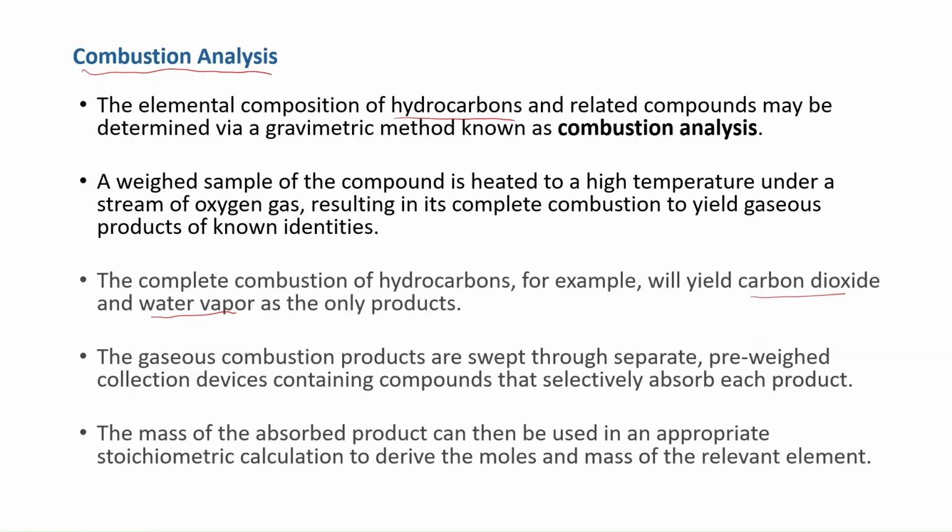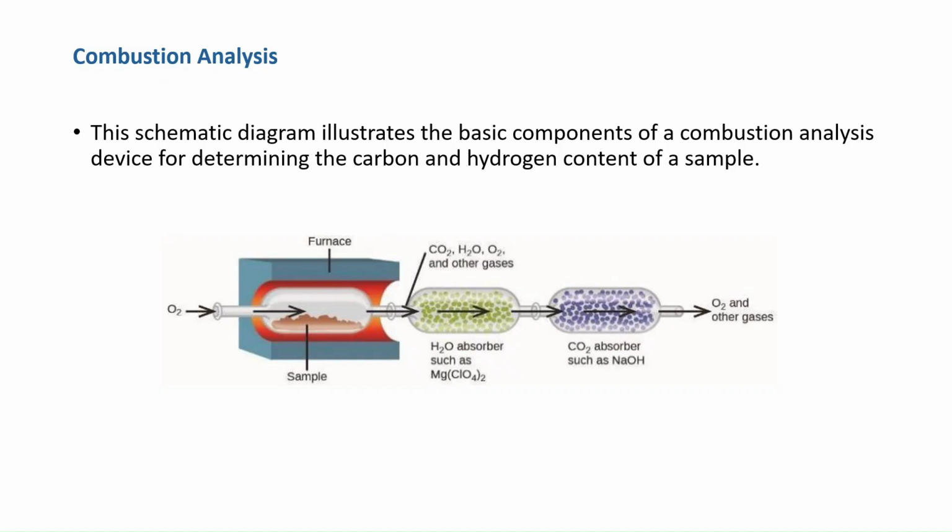If you can isolate the carbon dioxide and weigh it, and isolate the water vapor and weigh it, then from there you can determine the number of grams or number of moles of carbon, hydrogen, and oxygen. So we're going to be looking at how you do that. This is the system.